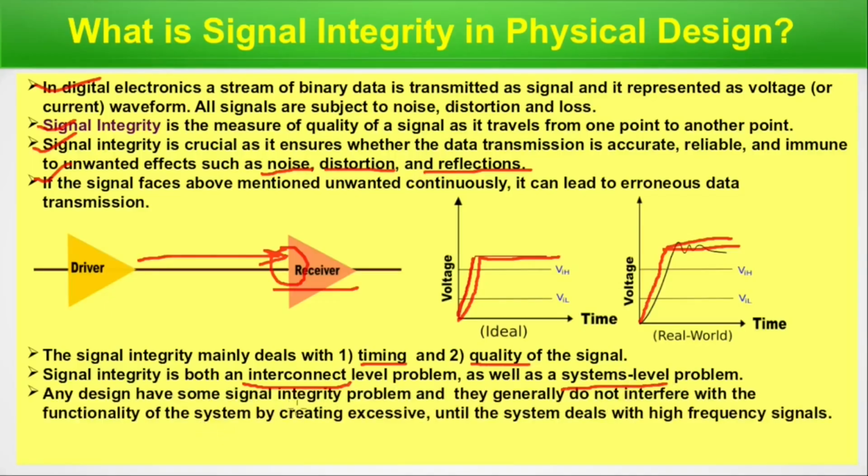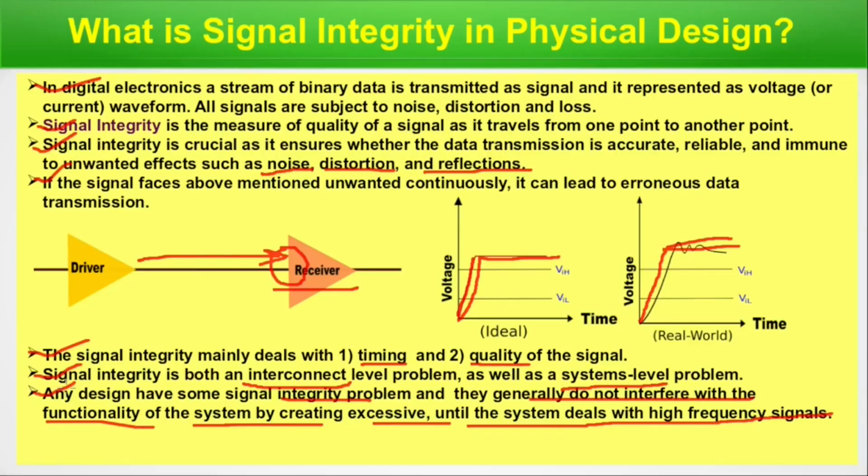Any design has some signal integrity problems, and they generally do not interfere with the functionality of the system until the system deals with high frequency signals. As we move to high frequency operation, the problem becomes more severe. No system is ideal, so signal integrity issues are there, but in a manageable amount. Distortions and noise are there. That's why we define noise margin.